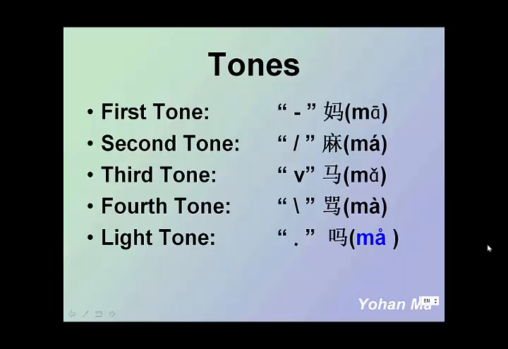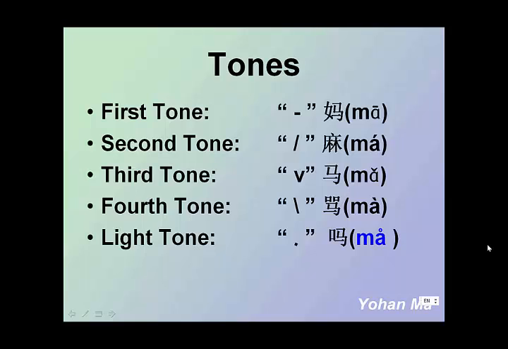The first tone, as you can see, has a mark there, a horizontal bar above the phonetic A. M-A, ma. That's the same in English. The word is mama, mother. Ma.